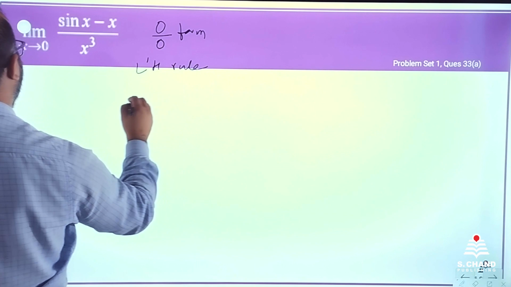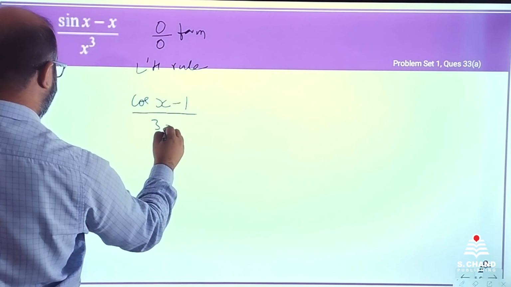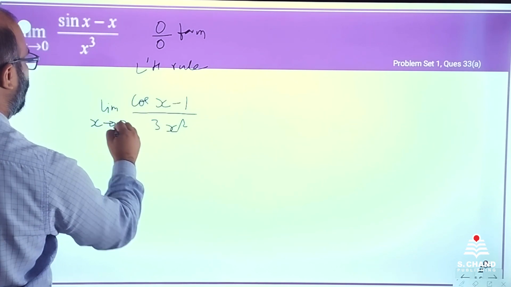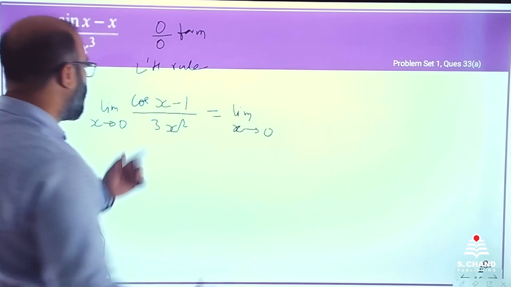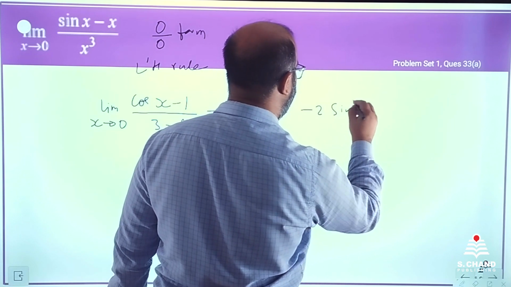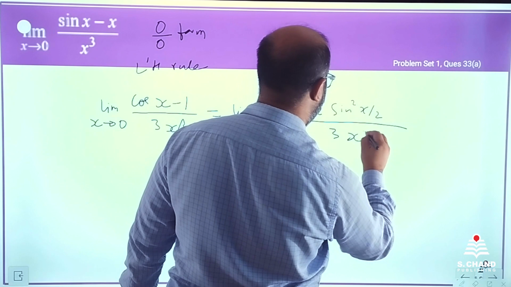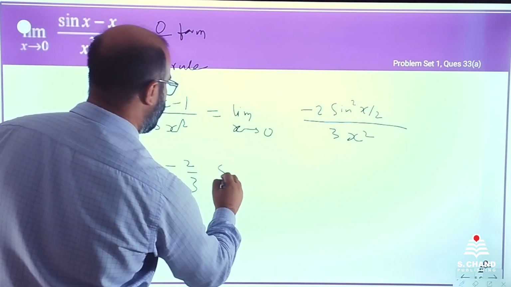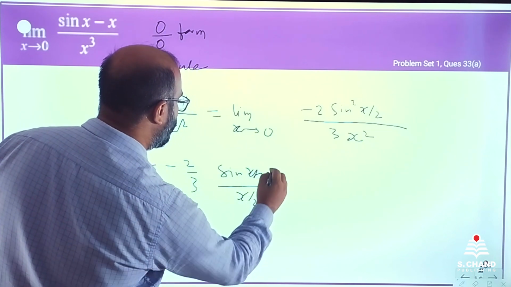If we apply the L'Hospital rule, this will become cos x minus 1, and this will become 3x square after differentiating, with limit x tending towards 0. So this is limit x tending towards 0, and cos x minus 1 is minus 2 sin square x by 2, upon 3x square. Now in the next step, we can write minus 2 by 3 (sin x by 2) whole square, and here also (x by 2) whole square.